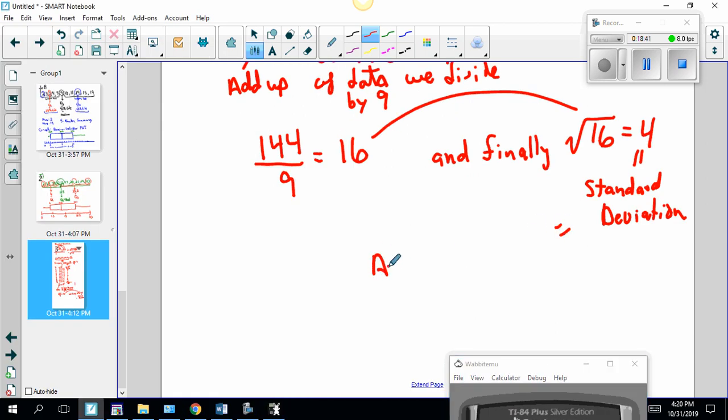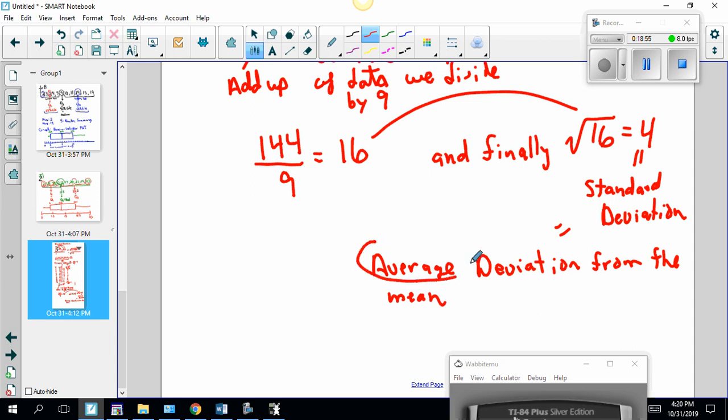It's called the average deviation from the mean. And that's why we don't use the word average anymore. We use X bar and we call it mean. Because you don't want to say the average deviation from the average. That wouldn't be good. So standard deviation is average deviation from the mean.